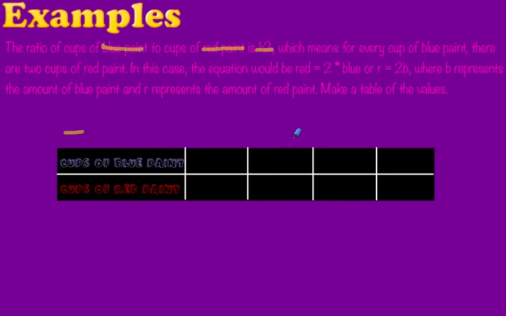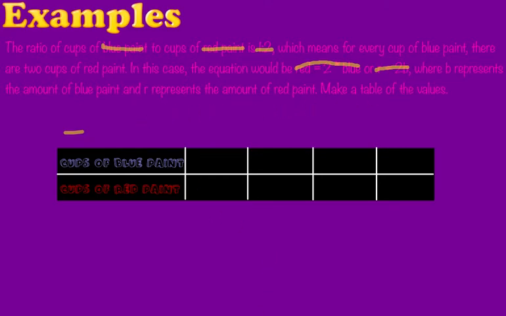Okay, and then the equation would also be that red is equal to 2 times blue, or that R is equal to 2 times B, where R represents the number of cups of red paint and B represents the number of cups of blue paint.